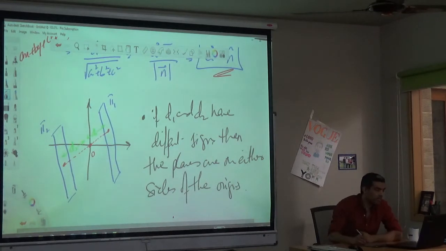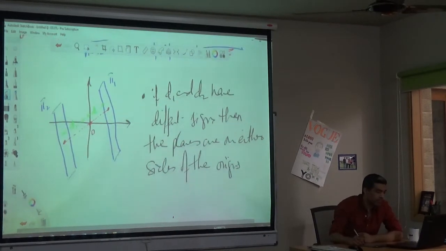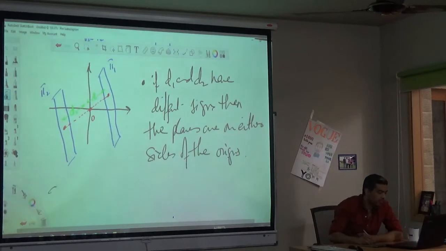And how are we calculating D? We are calculating D through A dot n hat. Are we good till here?